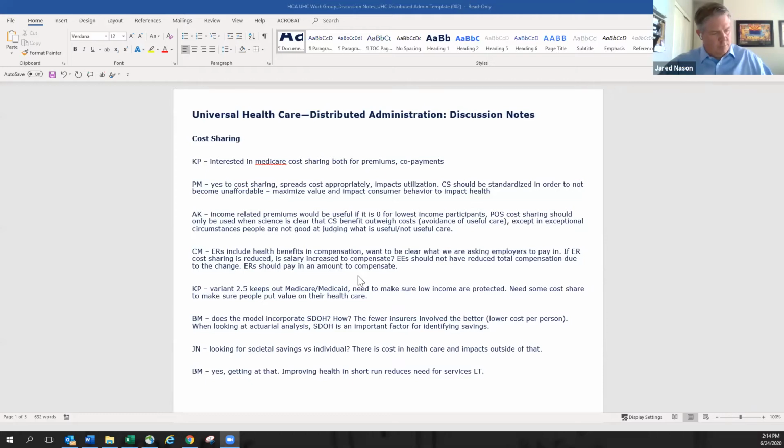Because in this half hour, we have 3 topics to talk about. So I'm going to start with a little reminder about what this model is, and then we can get into what the topic areas are.